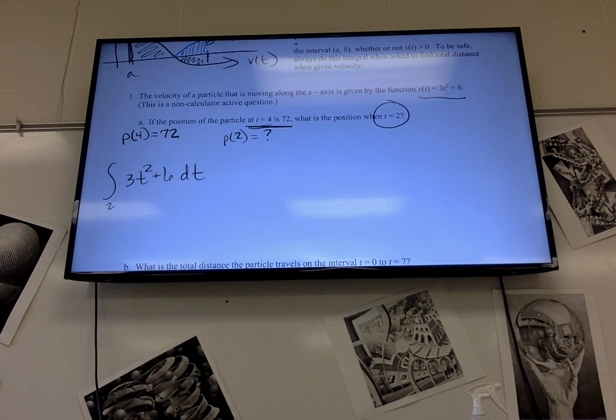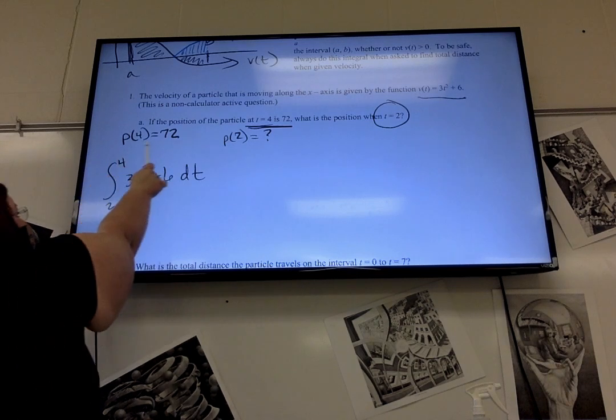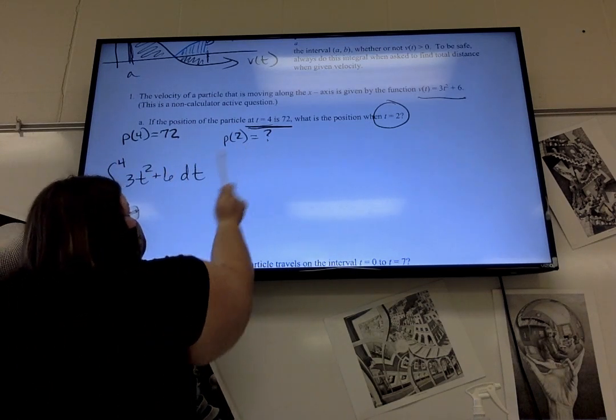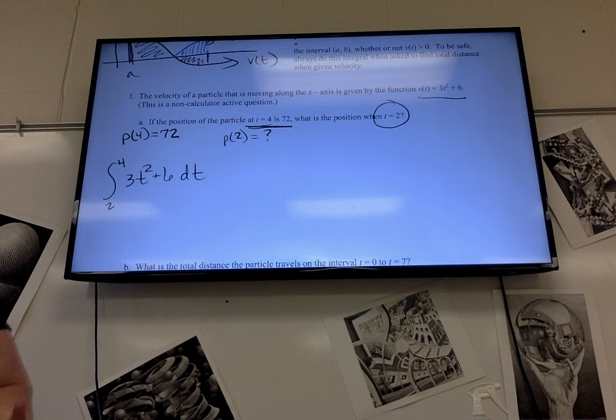The reason why we're using 2 to 4 is because we are given 4 and we're looking for 2. So that, of course, ends up being the position of 4 minus P of 2.